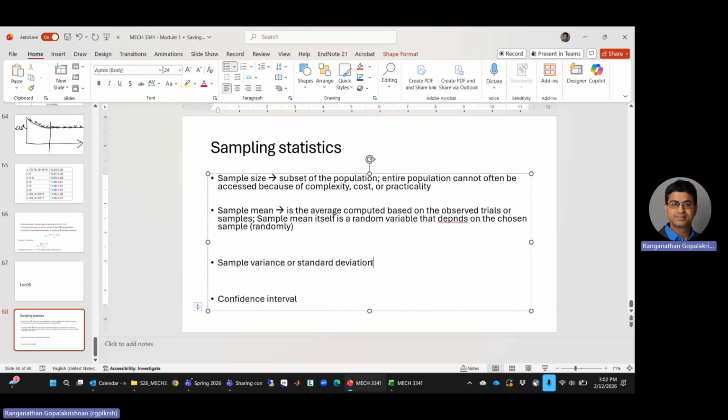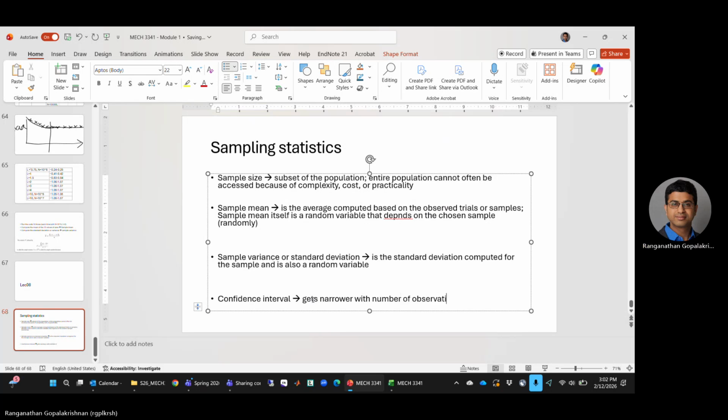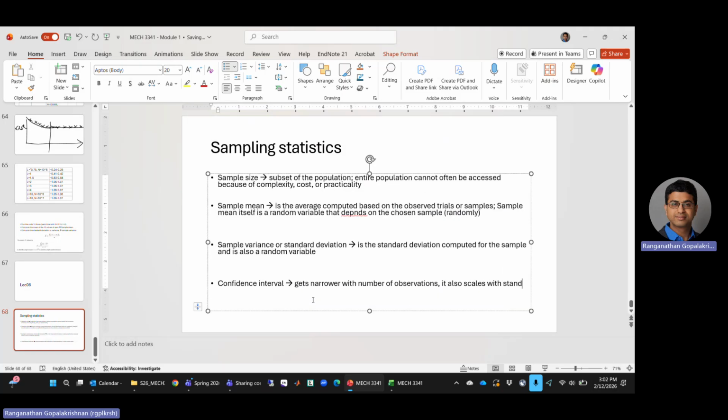Sample standard deviation is the standard deviation computed on the sample, and it is also a random variable. Confidence interval, I told you, gets narrower with the number of observations and it also scales with standard deviation.